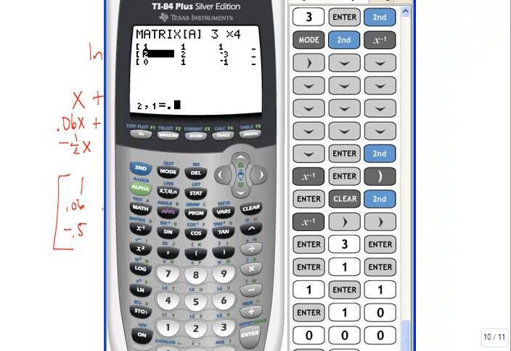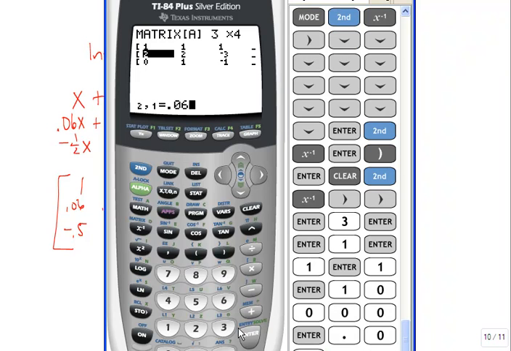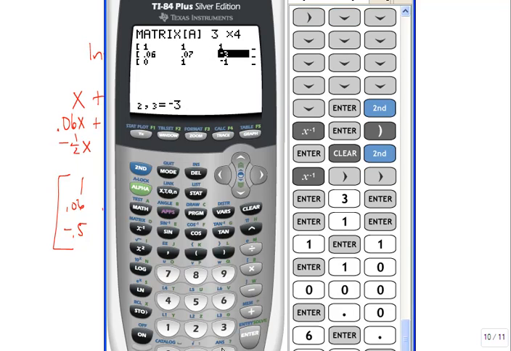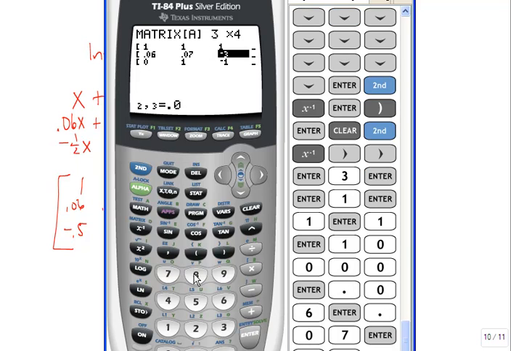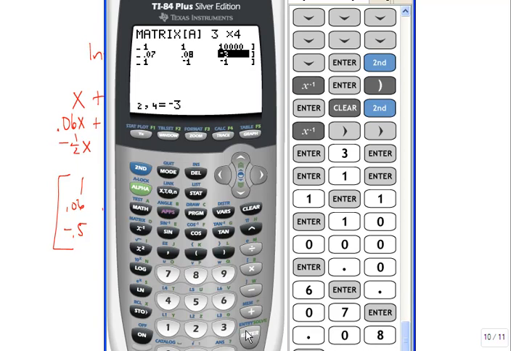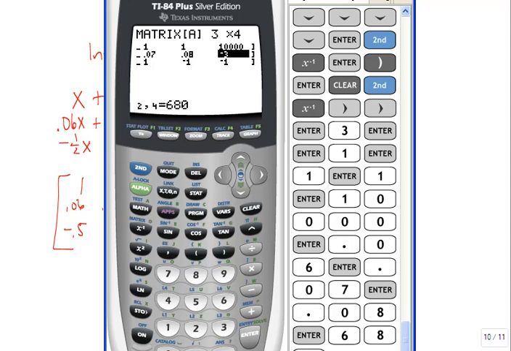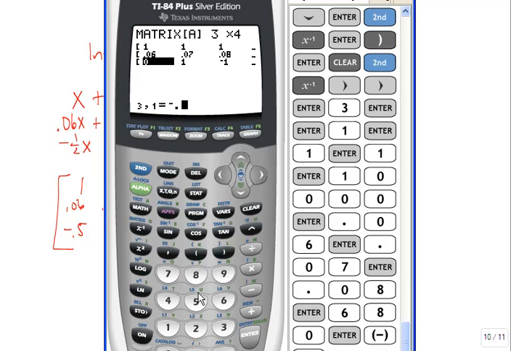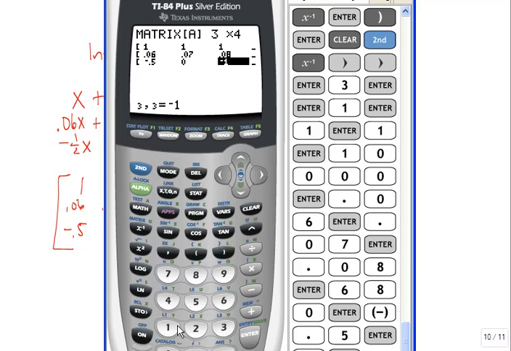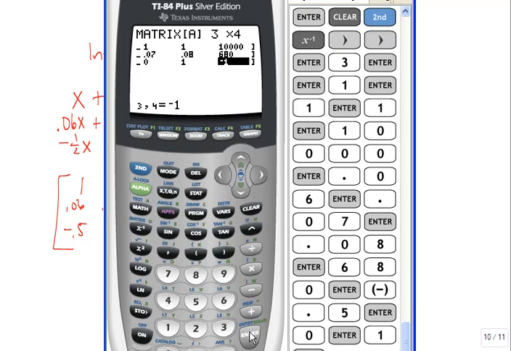And then I want 0.06, 0.07, 0.08, 680, and then finally negative 0.5, 0, 1, 0. Okay, so matrix A is in.